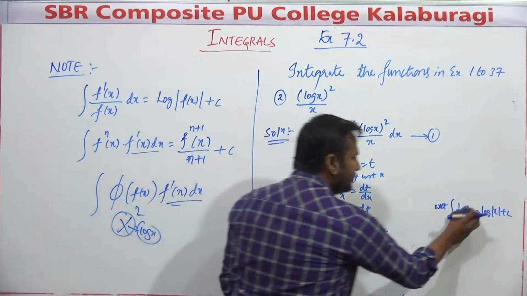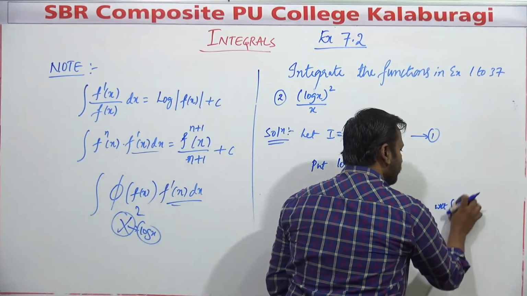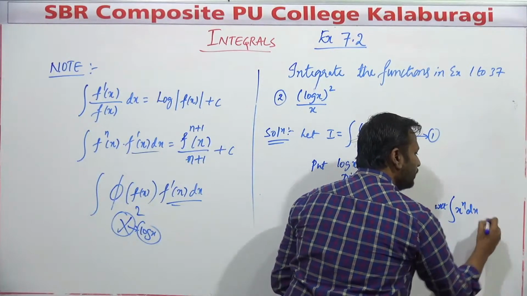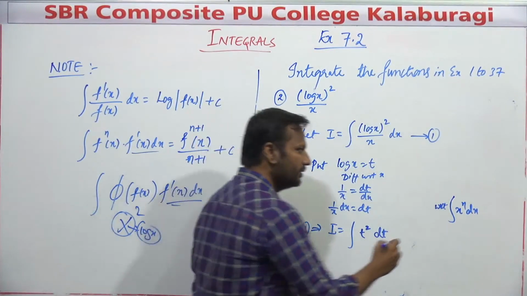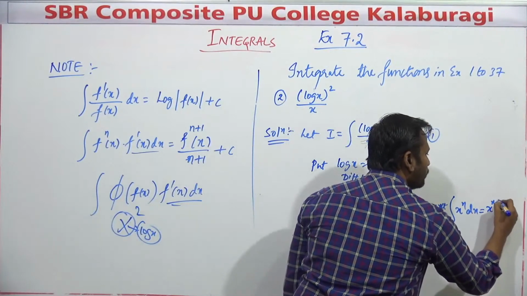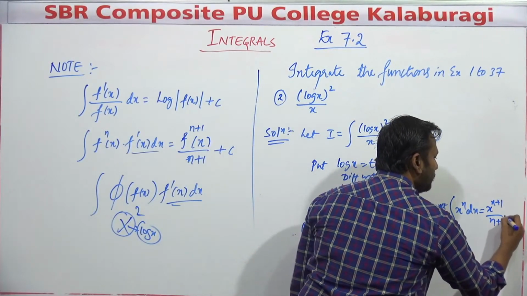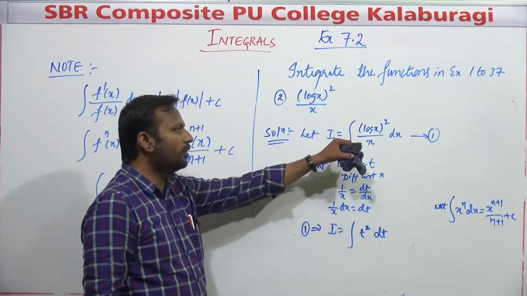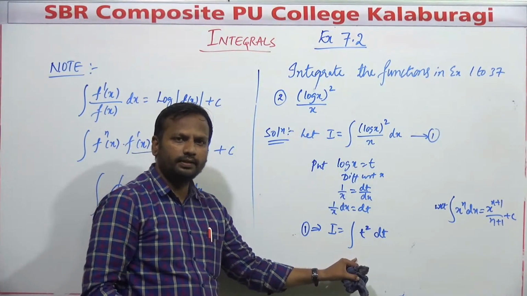Now it looks like this form, this formula. We know the x raised to n formula. What is the x raised to n formula, students? In the first 15 formulas, it is x raised to n plus 1 divided by n plus 1 plus c. In this format, it was a little bit complex, and we have made it easily integrable.